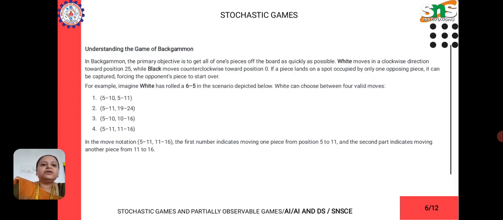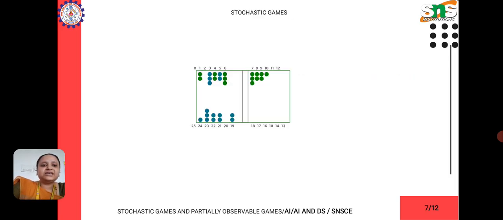Now for stochastic games, we will take the backgammon problem. In backgammon, you have two different colors of coins, black and white. You will have two players, and whoever throws the dice with the maximum value will start the game.